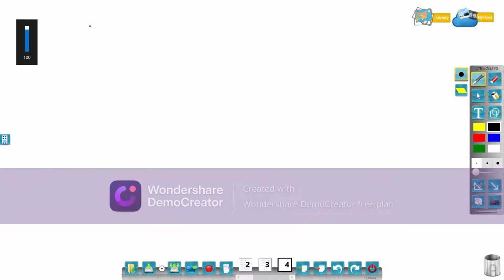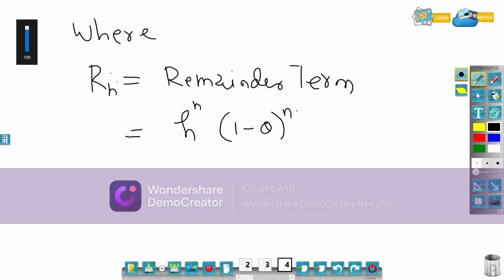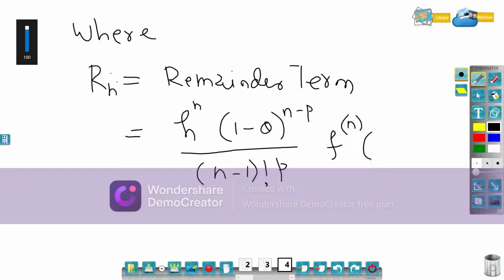This Rn is called the remainder, where Rn is the remainder term, which has the following value: h to the power n times (1 minus theta) to the power n minus p upon n minus 1 factorial times p times the nth derivative of f at a plus theta h.